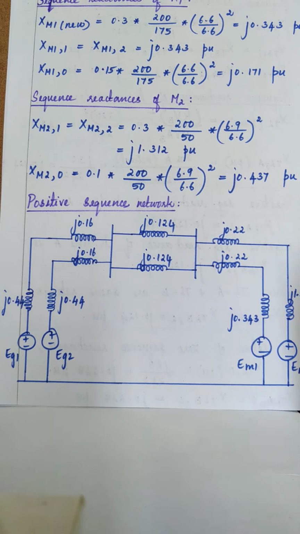Once you calculate the three sequence reactances in per unit, draw the three sequence networks. First, let us go for the positive sequence network. We already know the generator is an EMF in series with reactance, the motor is also a voltage in series with reactance, transformers are shown by reactances, and the transmission line is also shown by reactances.